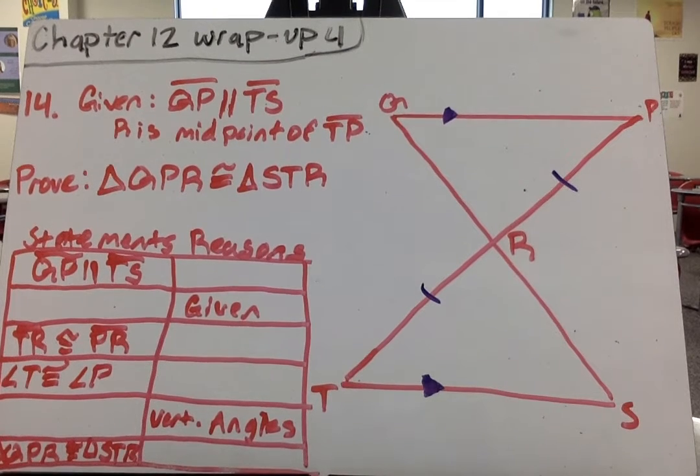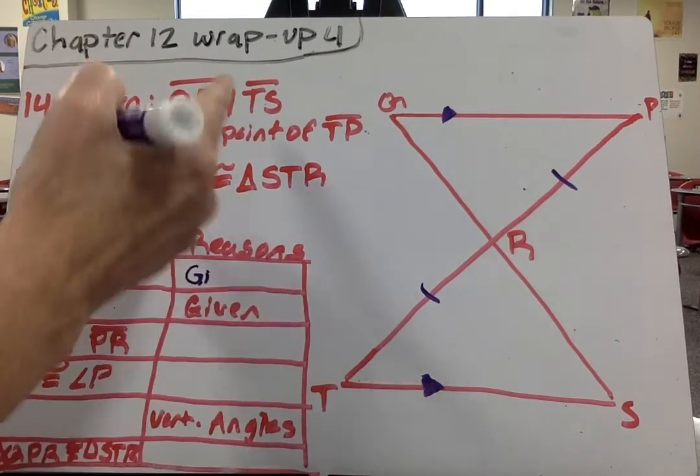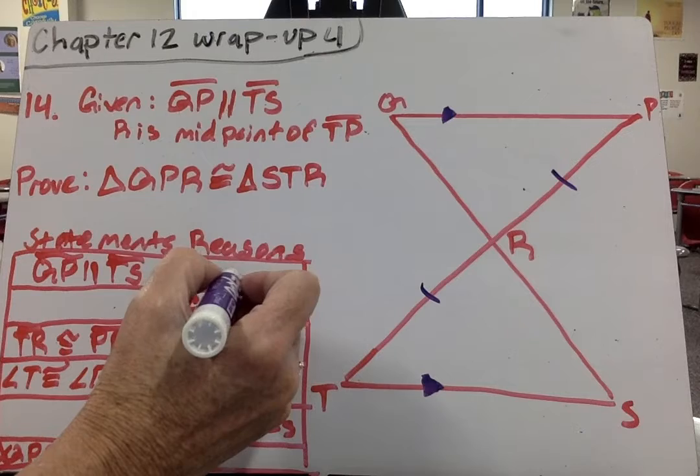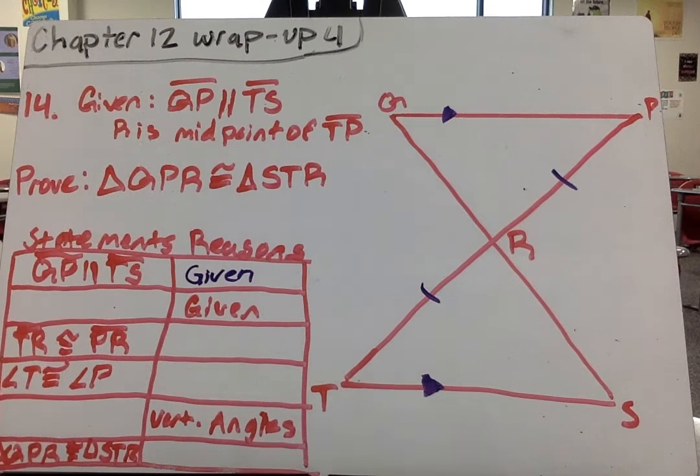Okay, now it says QP is parallel to TS, and that is given right there. If it's written there, you can just put given. What else is given? R is the midpoint of TP.